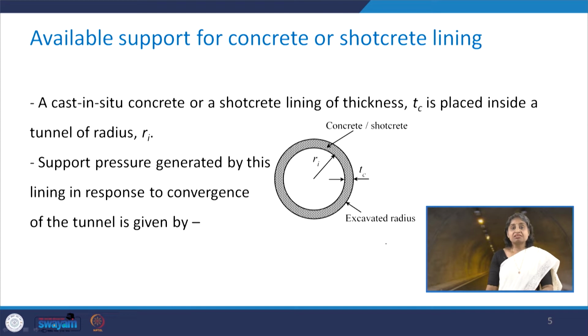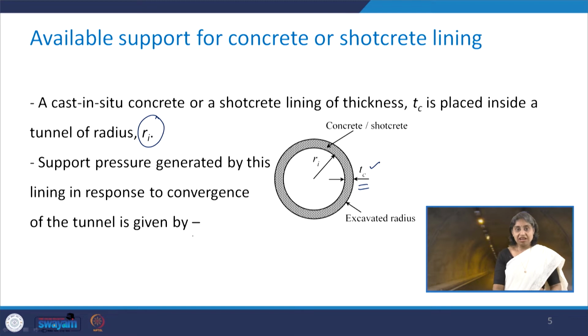So the cast in situ concrete or shotcrete lining of thickness Tc, which is shown here in this figure, is placed inside the tunnel, and the final radius of the tunnel is Ri. What will happen to the support pressure which is generated by this lining in response to the convergence of the tunnel?